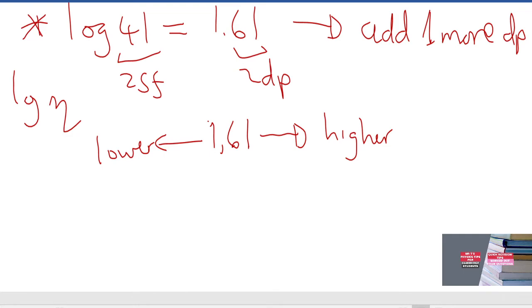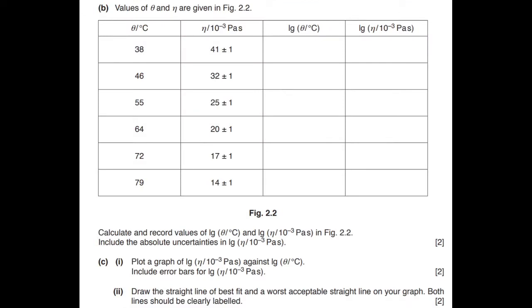Right, we have 41 there. Let me go back to the question and show you how I am taking this. We have 41 plus or minus 1.